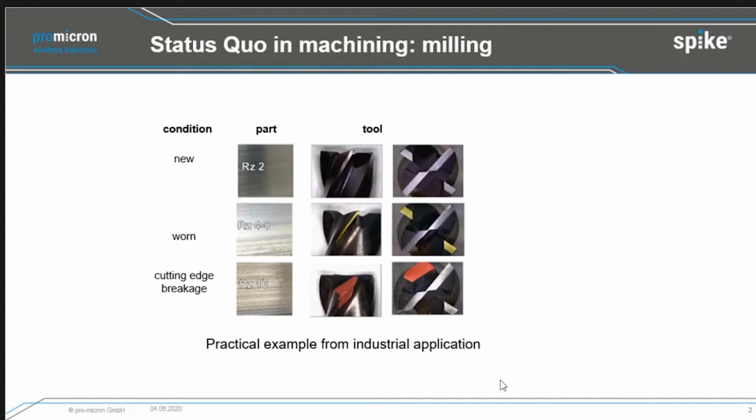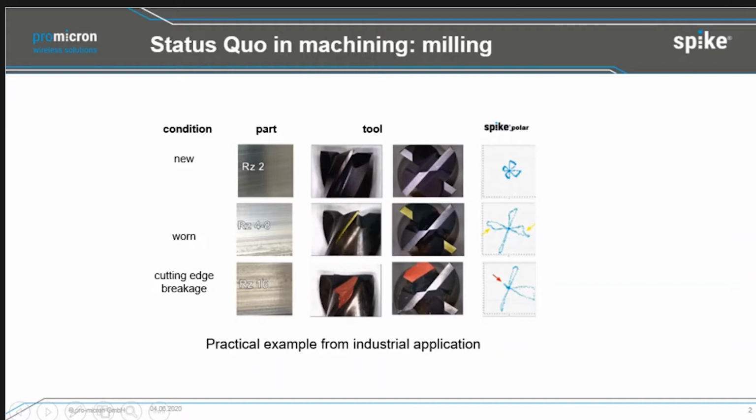Now this is where Spike comes into action. With the Spike Polar we are able to detect the status of our tool within the process, and so we are able to match the status of the tool to the workpiece quality. At the top here we have a new tool and a quite small Spike Polar with equal forces for every single cutting edge.